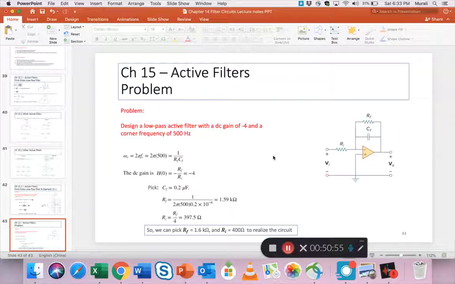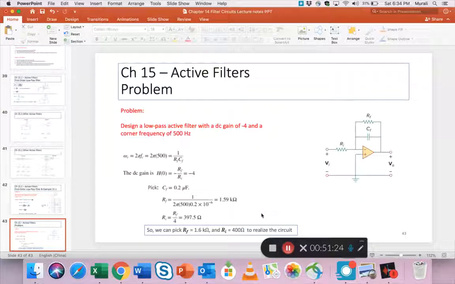So he says, okay, let's pick CF equals 0.2 micro, and then he solves for RF, he solves for RI. So how do you actually build the circuit? Because there's no 1.59K in the lab, there's no 397 in the lab, so he says pick the nearest value, so pick 1.6K, and RI equals 400 ohms, and hey, you can build the circuit.